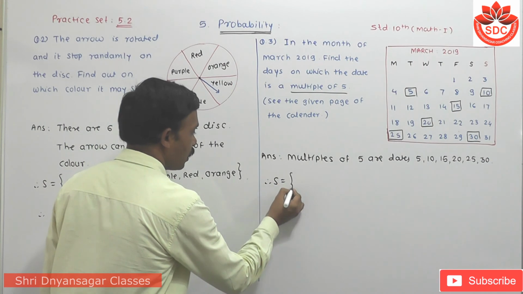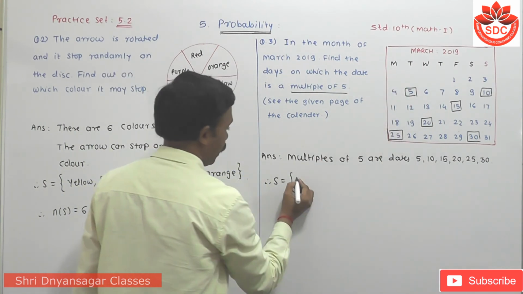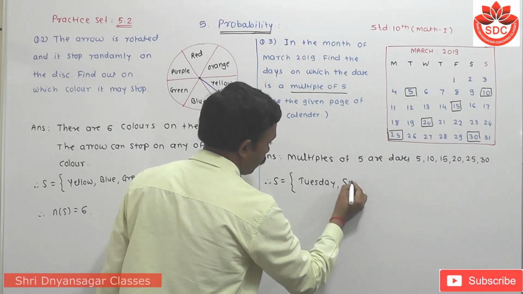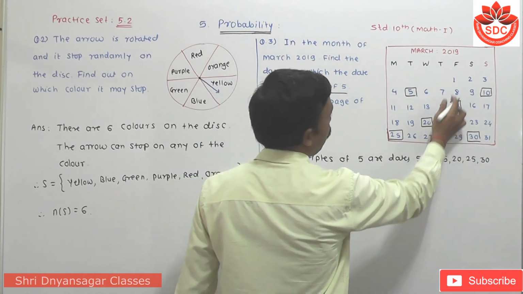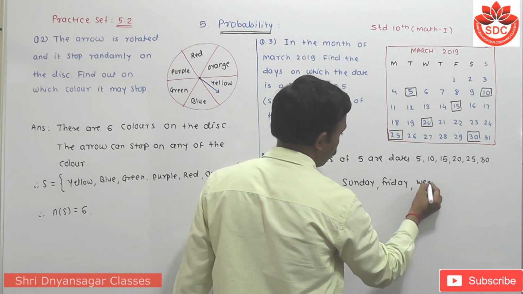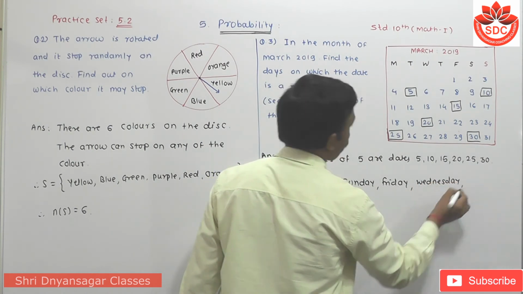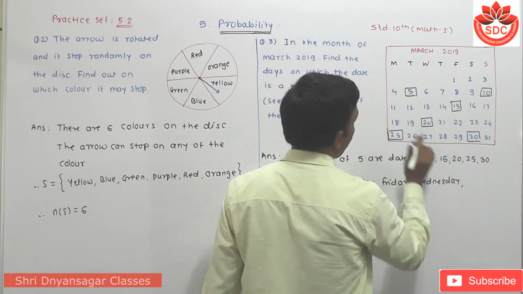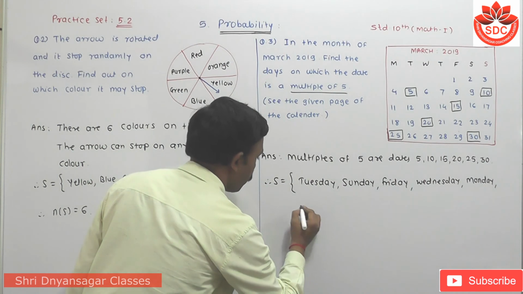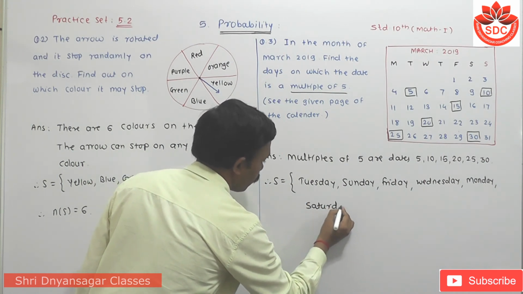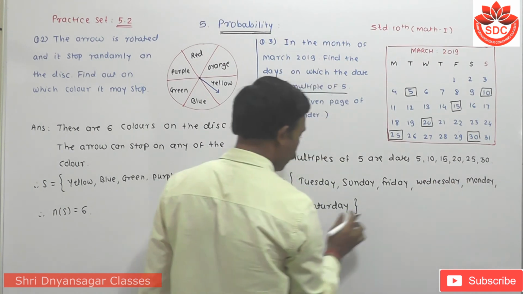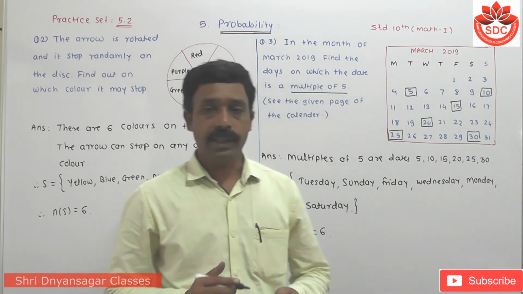Therefore the sample space is: 5 for Tuesday, 10 for Sunday, 15 for Friday, 20 for Wednesday, 25 for Monday, and 30 for Saturday. The number of sample points is 6. This is our answer. We take the next question.